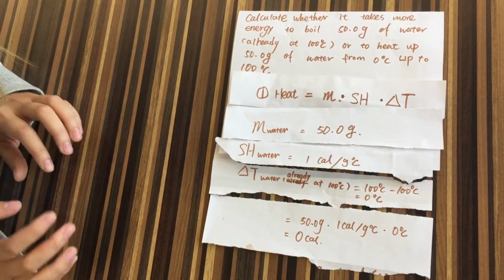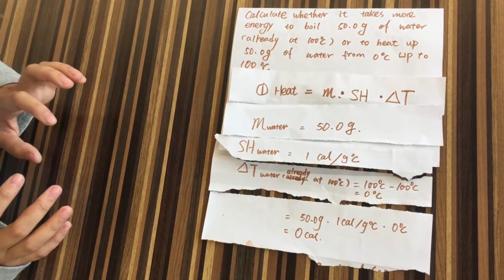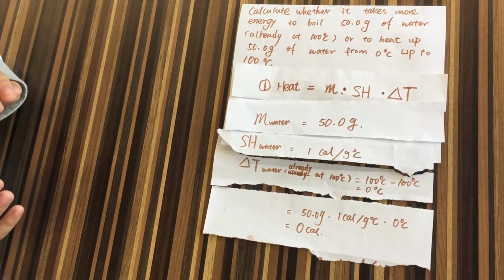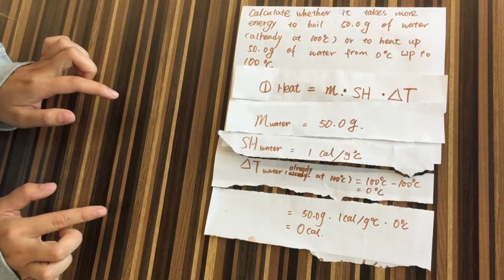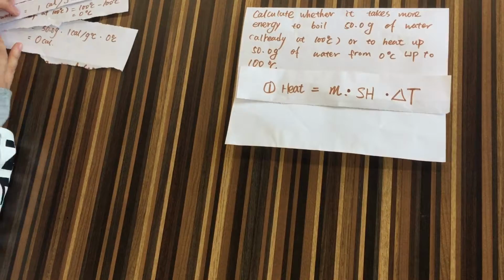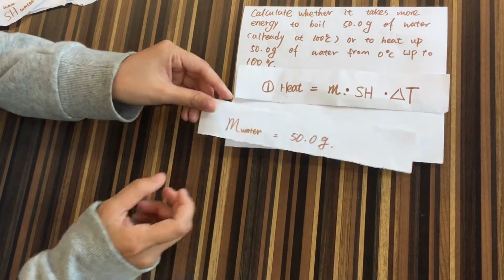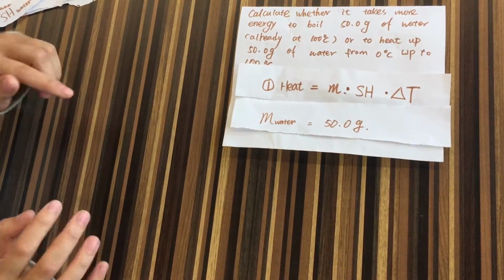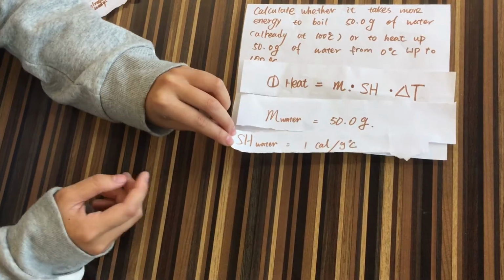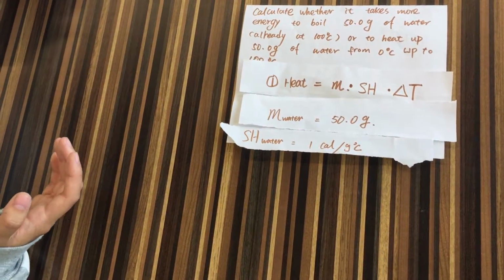So how about heating up the 50.0 grams of water from 0 degrees up to 100 degrees? It's similar to the previous question. We start the first way by setting up the equation, and we get the mass of the water is 50.0 grams and the specific heat of the water is 1 cal per gram per degree.